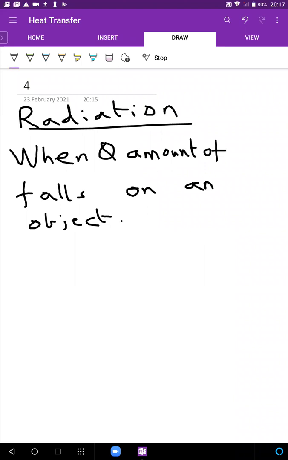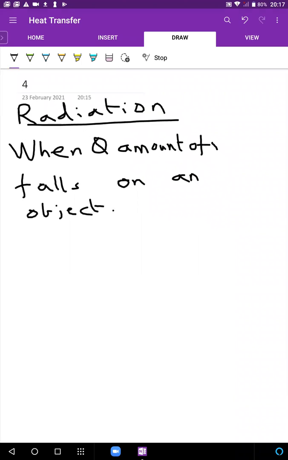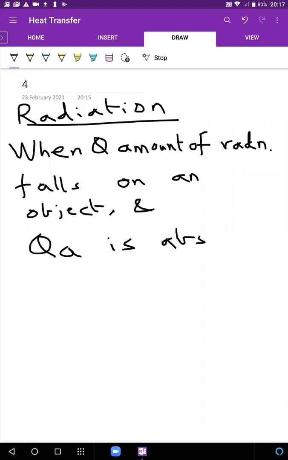So when Q amount of radiation falls on an object, let's say in that process QA amount is absorbed by the object.